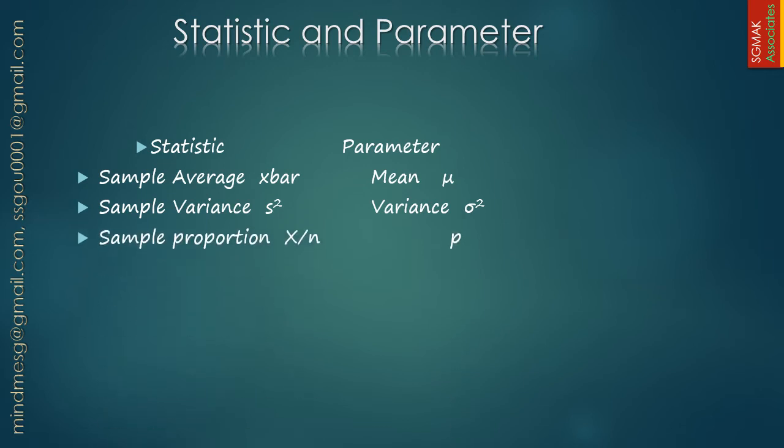Another example, sample proportion. Sample proportion is used a lot in quality control. You take a batch of 100 parts that may be made in an hour. You compute how many defective parts you had. Let's say you had one defective out of 100. Then your sample proportion is 1 over 100. So X is 1, the number of defective parts. N is 100, your sample size, as an example.